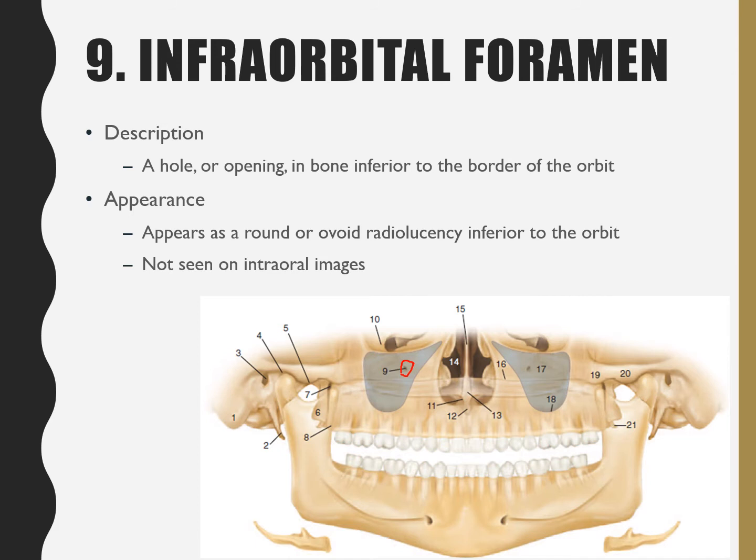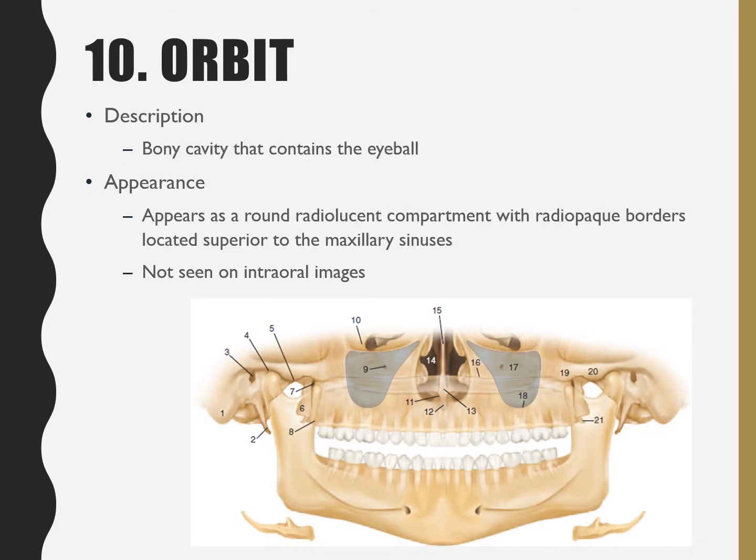So it's from the infraorbital foramen down and slightly anterior is where you'll feel that lateral fossa, which is the little depression right in front of where your canine is on your alveolar process. But anyway, the infraorbital foramen is a little tiny below the eyeball hole. All right, number 10 is the orbit, or the hole where your eye goes, right?